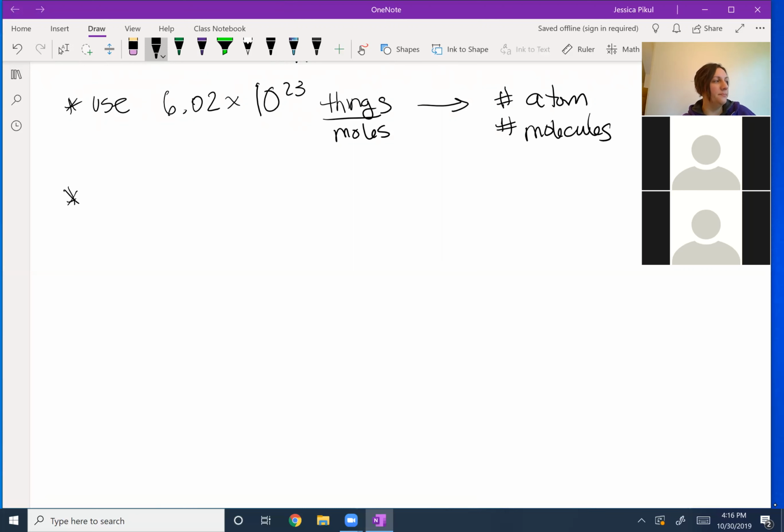It was towards the end, one of the harder ones. None of them were given. It was like A and B, and if you had X amount of grams of A or molecules of A or whatever, then what is all of this? And it made you answer a bunch of questions based off of just that.